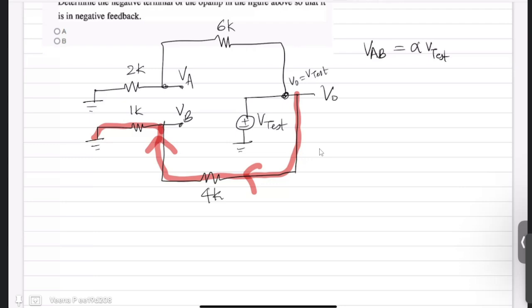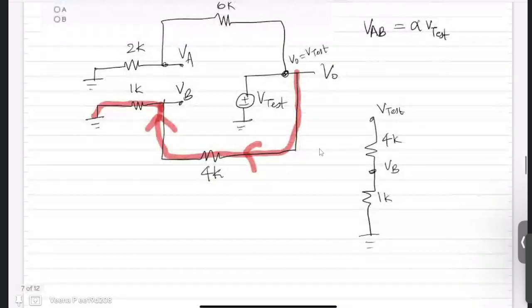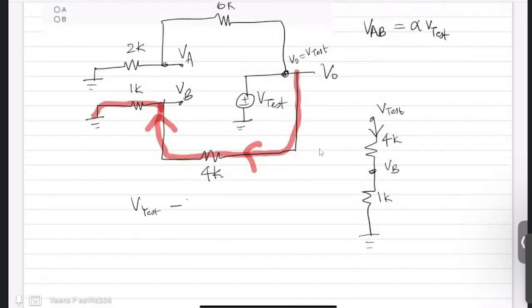If I take this direction, you have two resistors. One end is V test, the middle is VB, and the other end is ground. And this is your 4 kilo ohm and this is your 1 kilo ohm. I'm going to apply Kirchhoff's current law. So the current from V test to VB is (V test minus VB) by 4.